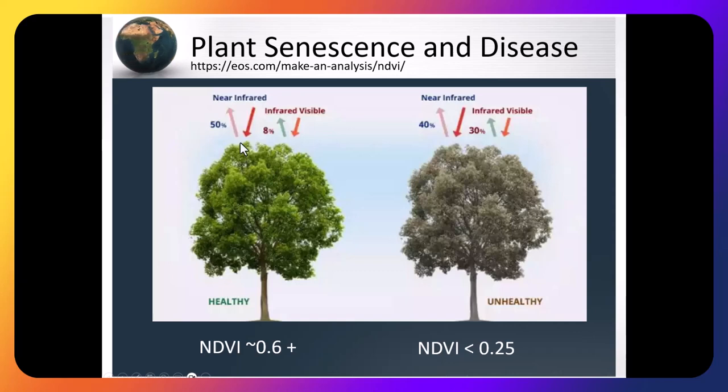But here we've got near infrared and a strong reflection of that, and visible, a strong reflection of green. But generally absorption here, so that only a small percent is reflected in the infrared.